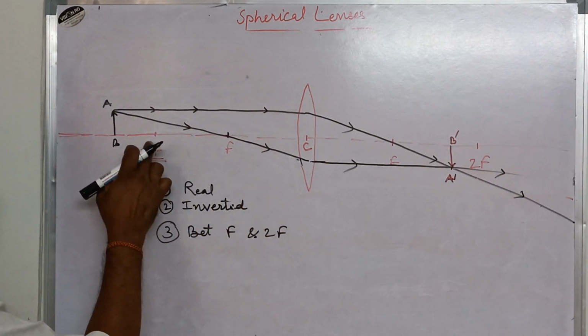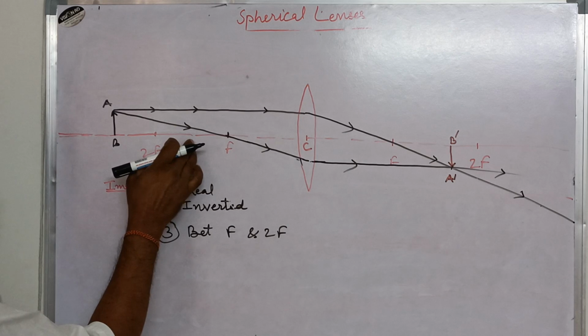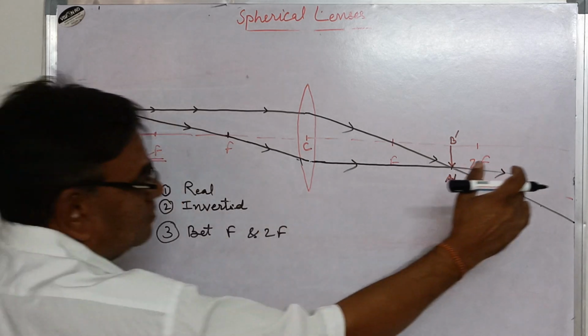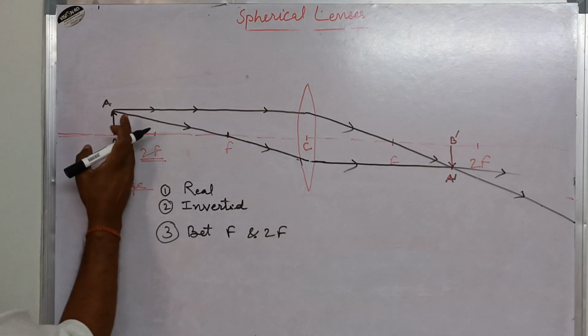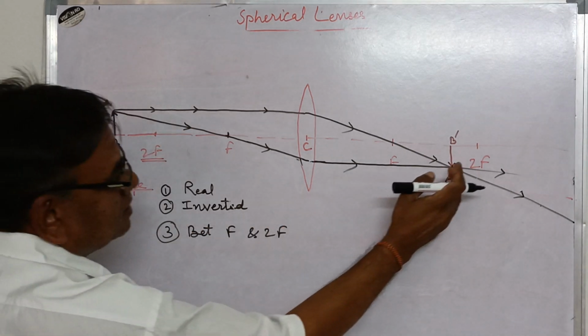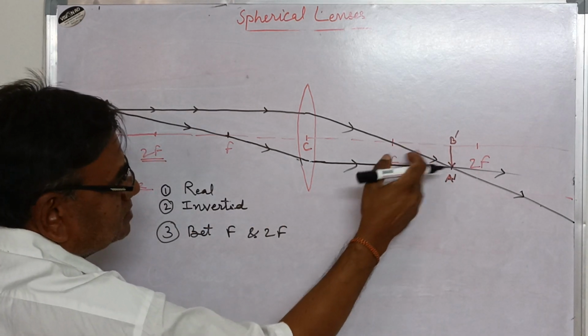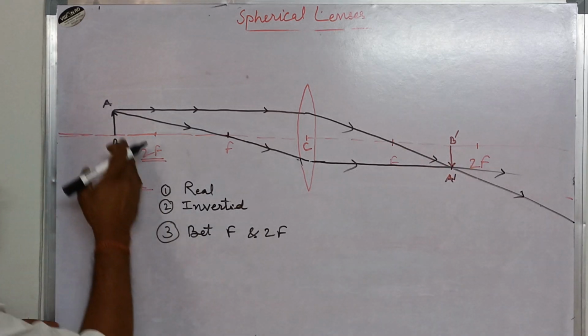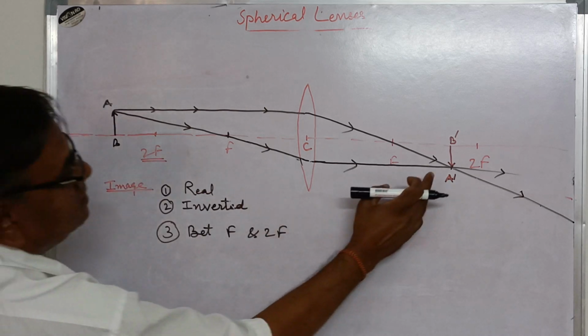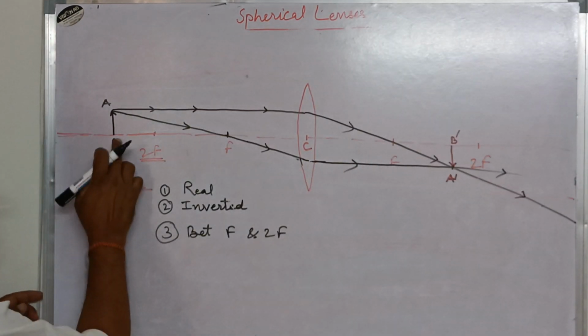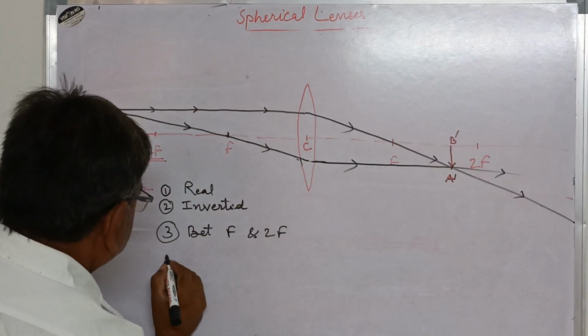And when the object is moved to 2F, the image further moved and reaches 2F. Now the object is beyond 2F, and the image is also from 2F to this side. Now further the object will go to infinity, and the image will reach the focus. So this is between F and 2F, number 4.